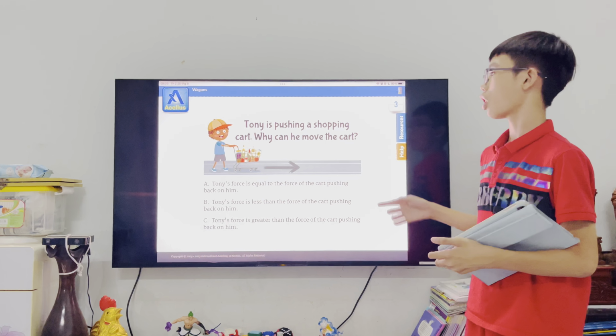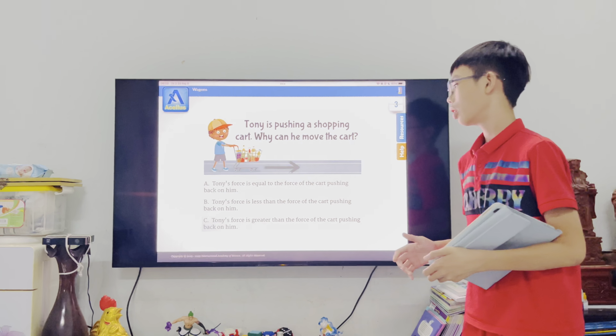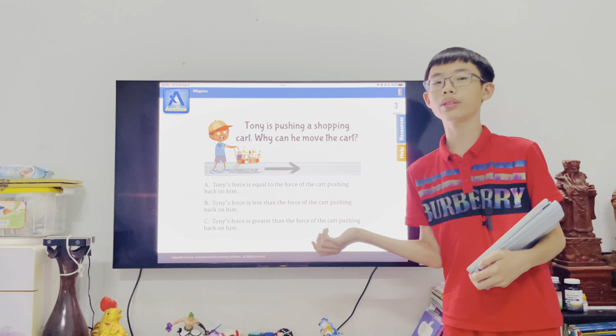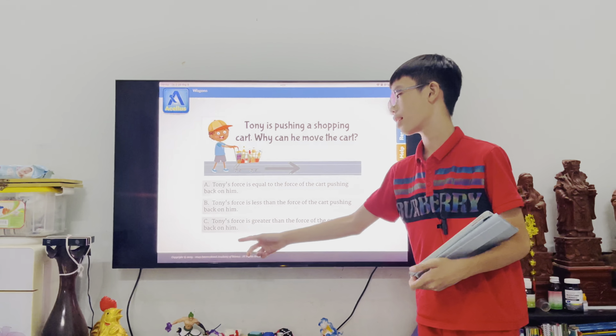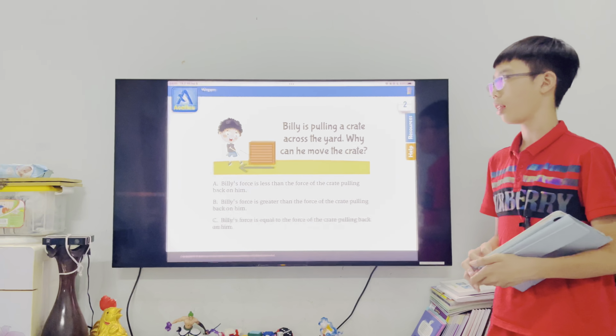Tony is pushing a shopping cart. Why can he move the cart? Like I said, if we can move, the force of the person is greater. So we see again, Tony's force is greater than the force of the cart pushing back on him.